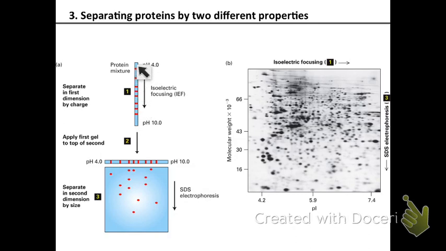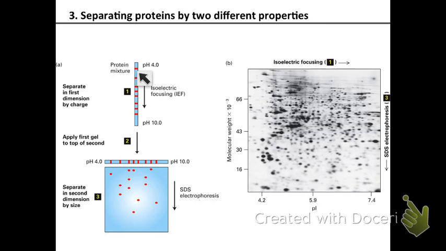In this gel, you are separating the proteins by charge first. Your gel separates proteins such that the more acidic proteins do not run as fast as the more basic proteins. So this is the first dimension of separation, by charge.